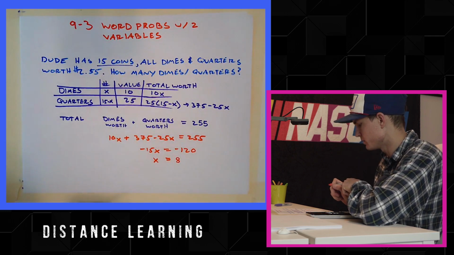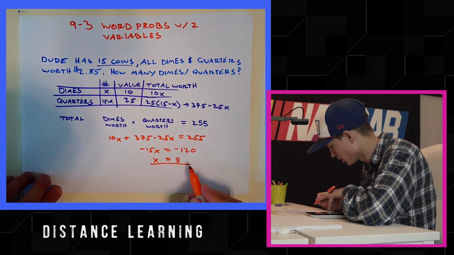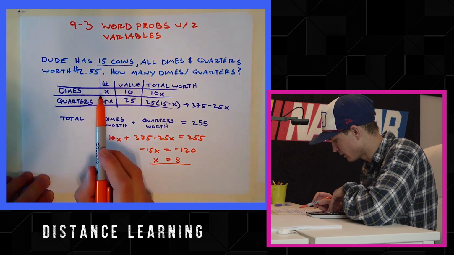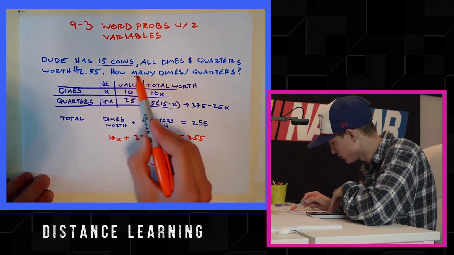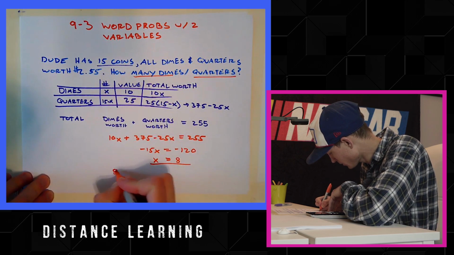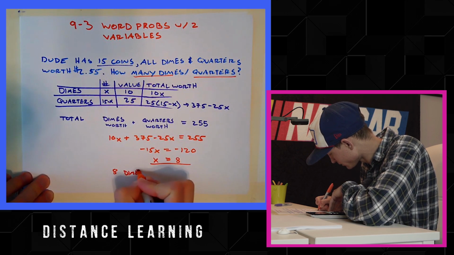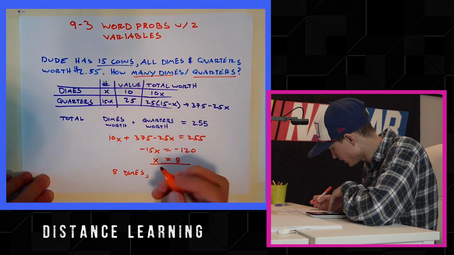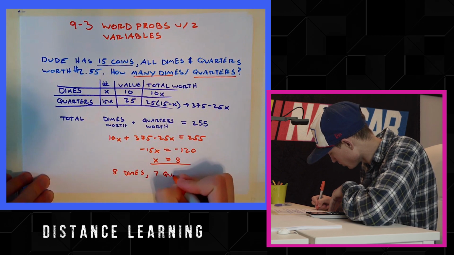Now, we are not done yet. Please do not stop here. We're almost done. However, they want to know how many did we have. So, number of dimes, we had 8 dimes. And then 15 minus 8 is 7 quarters.